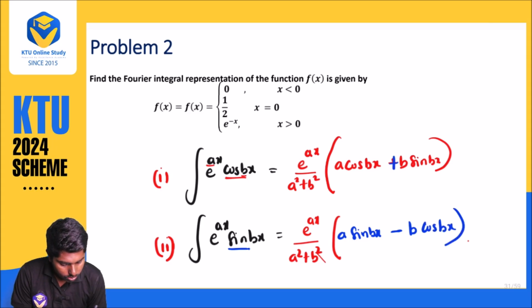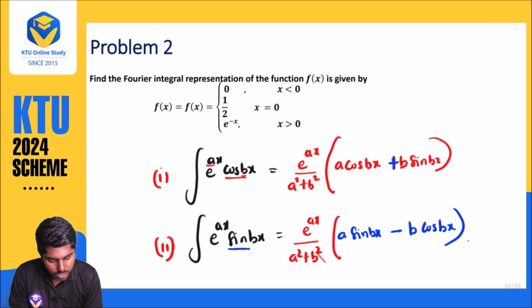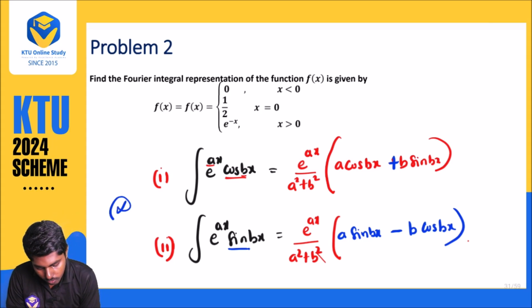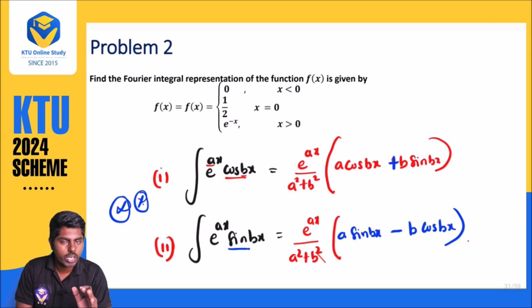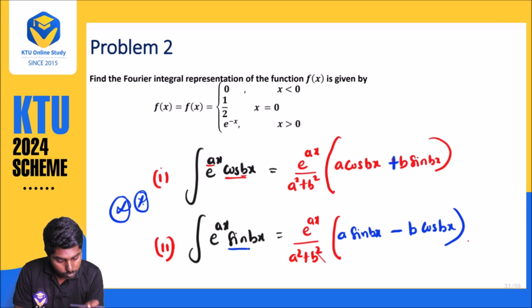If it is cos, we write plus; if it is sin, we write minus. This is a very important common formula, and you can expect a question from it in Fourier transform, Fourier cosine or sine transform, or even in Fourier integral.